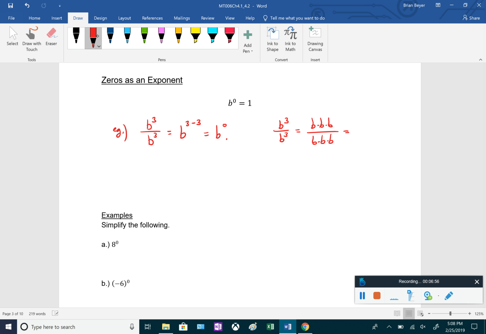All of those b's cancel out. 3 in the numerator, 3 in the denominator, and it equals 1 over 1, which is just 1. So since both of these started with b cubed over b cubed, and we got two different answers, that means this answer has to equal this one, which means b to the 0 has to equal 1, because they both equal b to the 3rd over b to the 3rd.